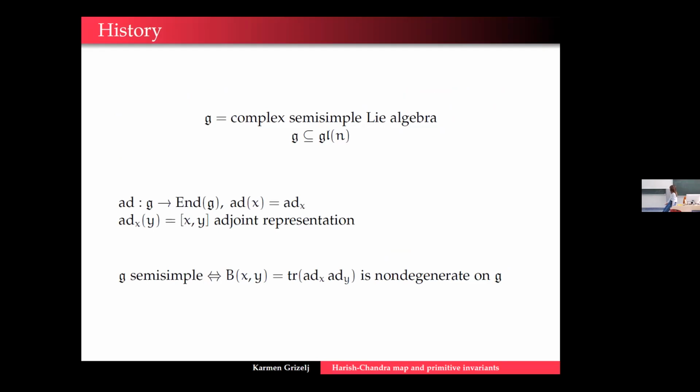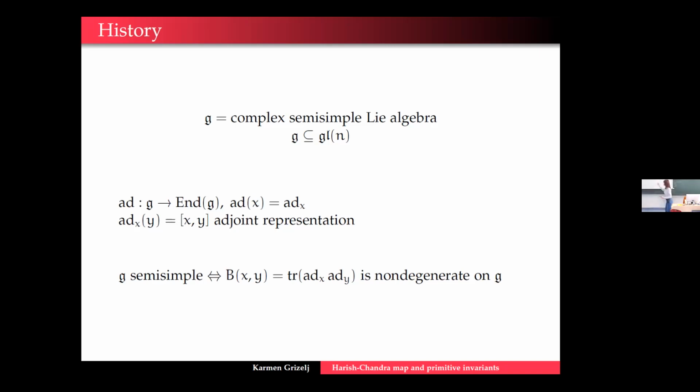In case you are not comfortable with Lie algebras, you can just take any associative algebra and define a Lie bracket like the usual commutator, and it will have all the properties that are required.